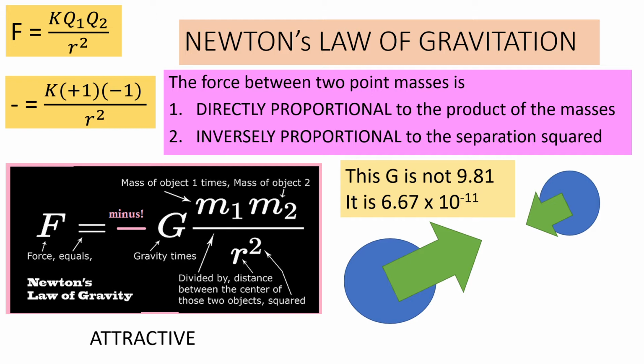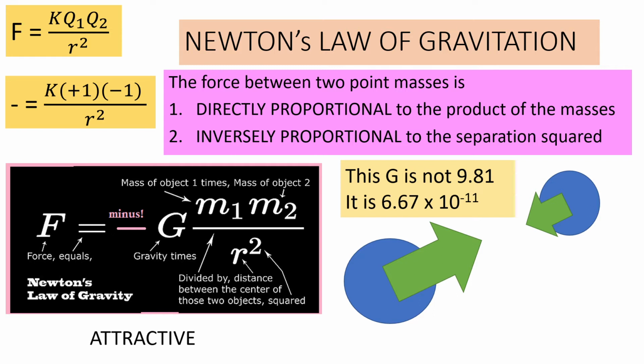So this big G is the gravitational constant, and the small g is the gravitational field strength. The gravitational field strength on the Earth is 9.81, and remember that it has the units of meters per second squared, or remember the equation g equals F over m, so it's newtons per kilogram.